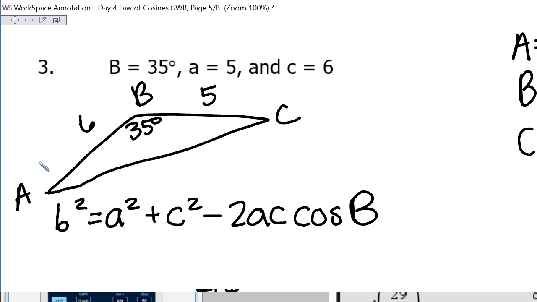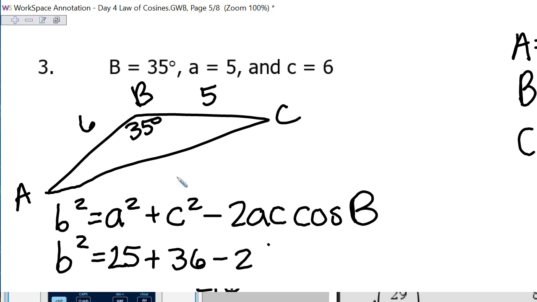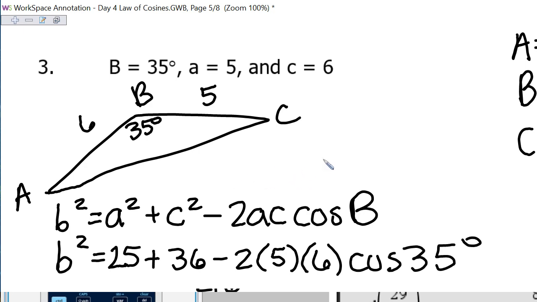We're solving for B, so leave the B squared. For A, 5 squared would be 25. For C, 6 squared is 36. Minus 2 times 5 times 6 times cosine of 35 degrees. To solve for B, the inverse of squaring would be square root it.